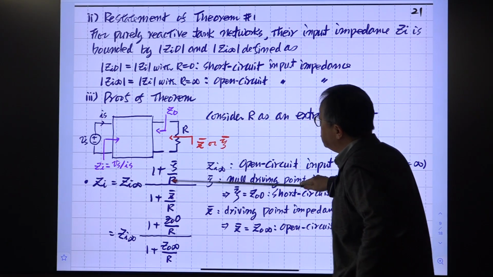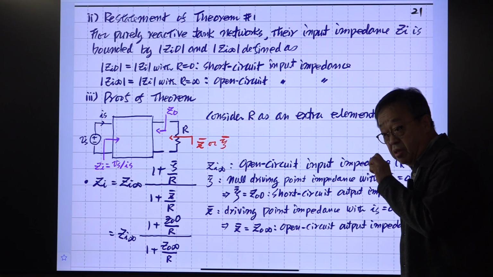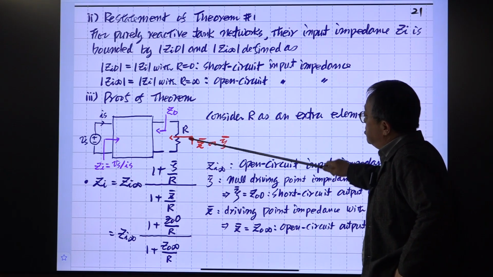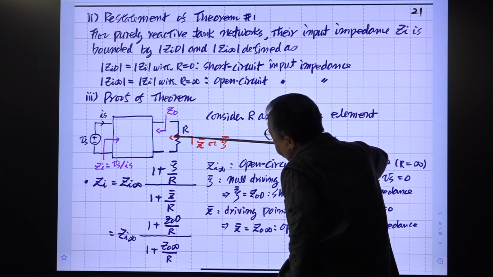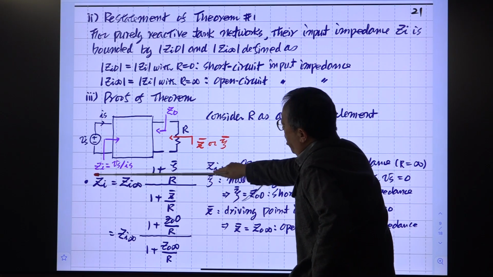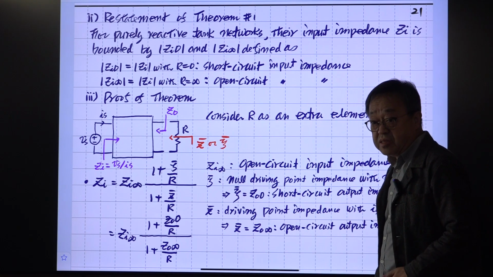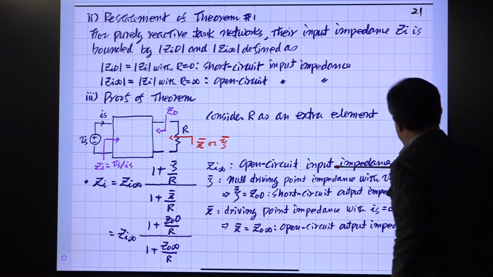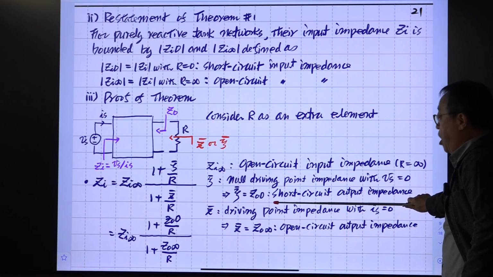We have three other terms. One is R, which is obvious, and this is the zeta bar, a null driving point impedance, defined as the driving point impedance seen through this port when the output of the transfer function of our original interest, the input impedance, is 0. Vs is 0, so it is called the short circuit output impedance.